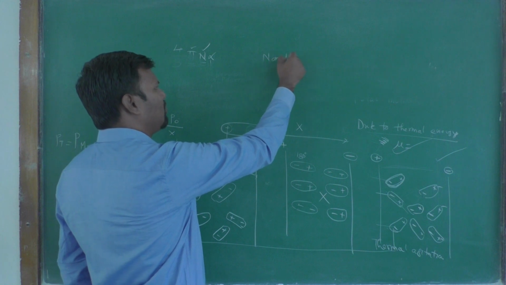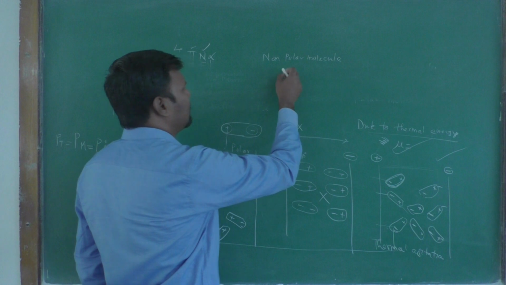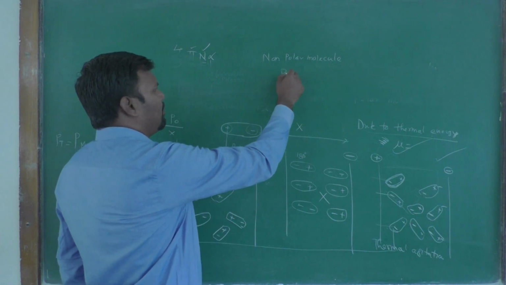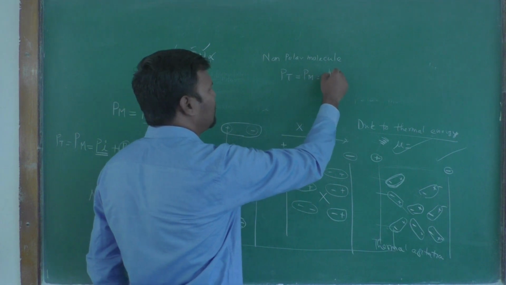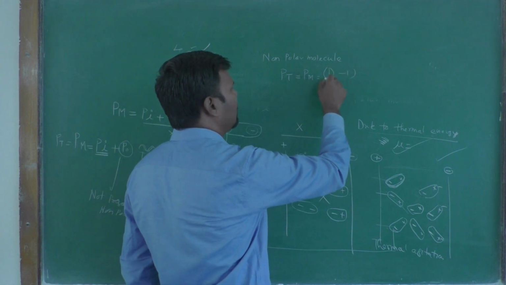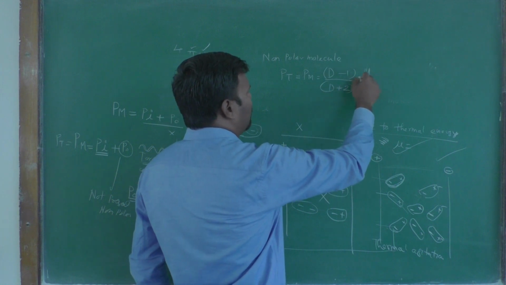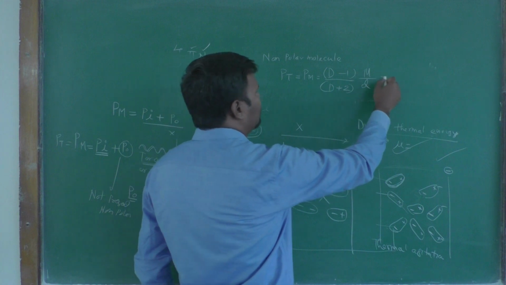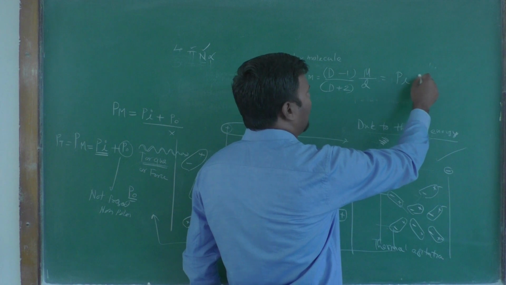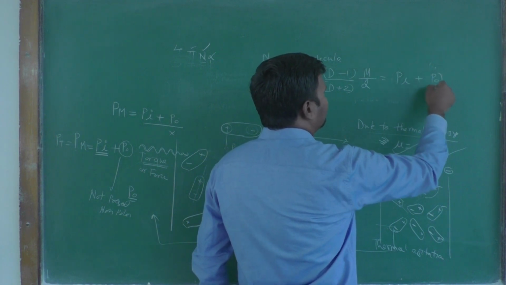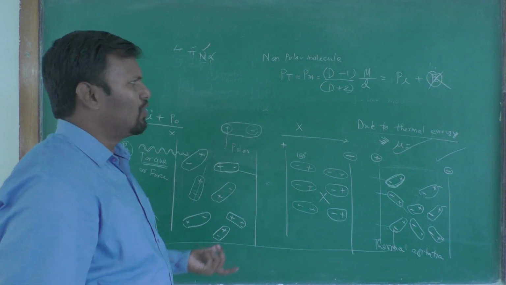Therefore, for a non-polar molecule we can give the equation for total or molar polarization as: (D minus 1) upon (D plus 2), where D is the dielectric constant, times molar mass upon density, is equal to 4 by 3 pi N alpha, that is P induced, and P orientation is not present for the non-polar molecule.